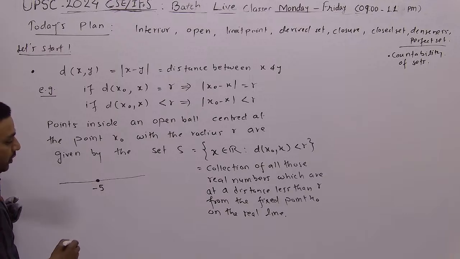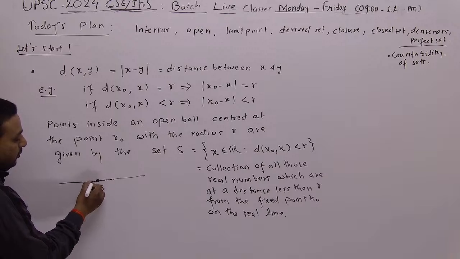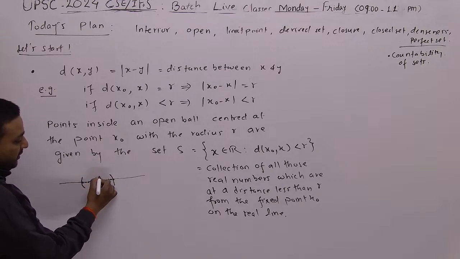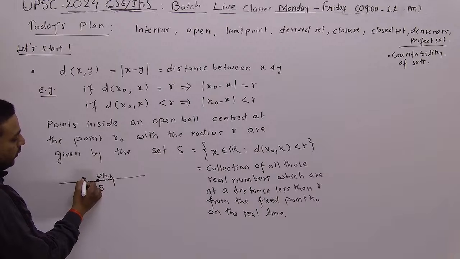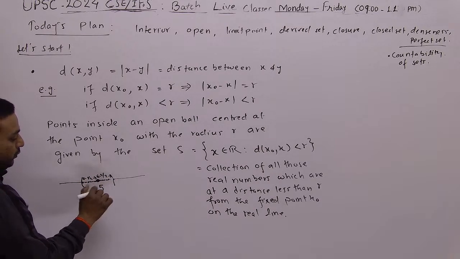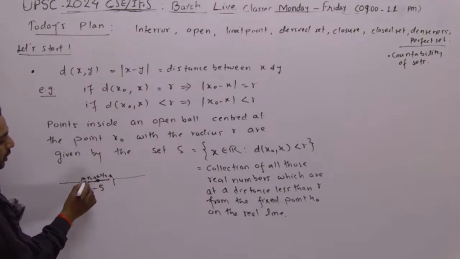An open ball of radius 1 by 2 will contain all those points which are at a distance 1 by 2 from this point. If you use the word strictly less than, obviously the boundary points will not be included.